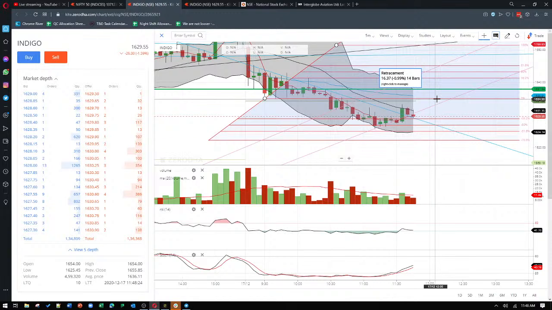So looks like again that bearish momentum is starting.